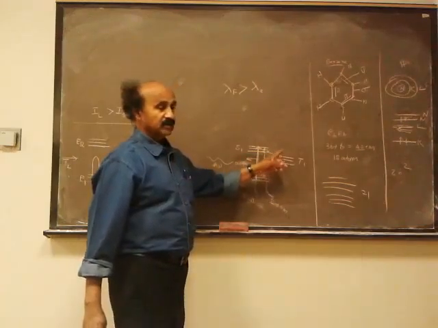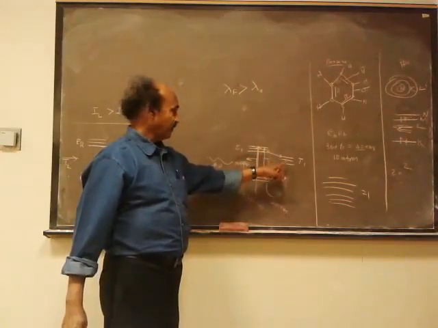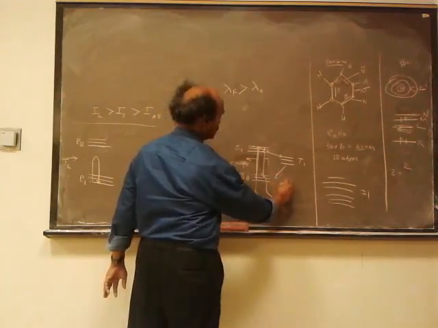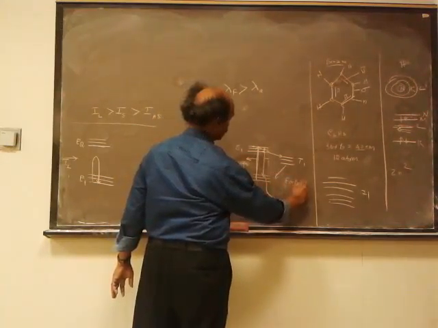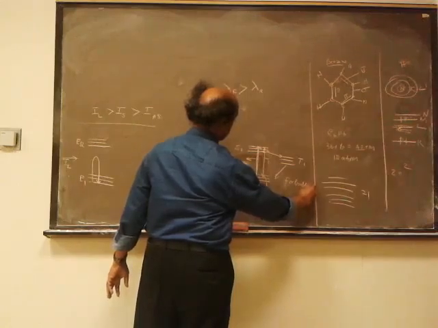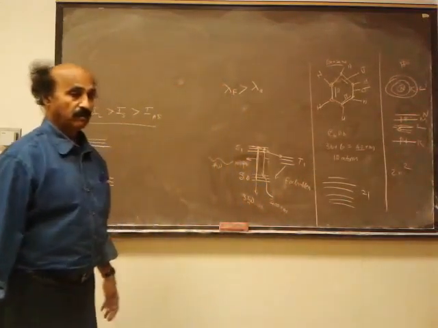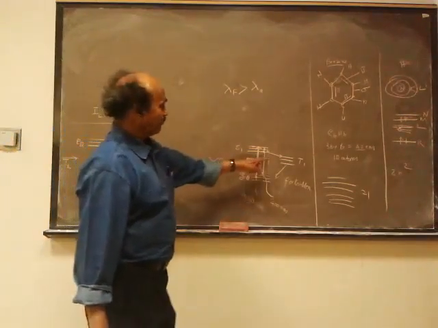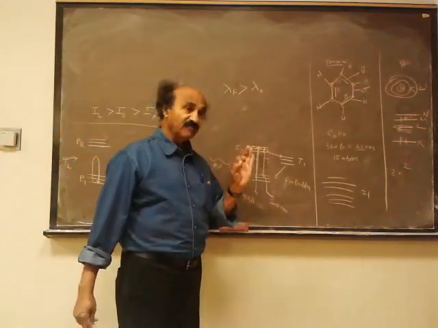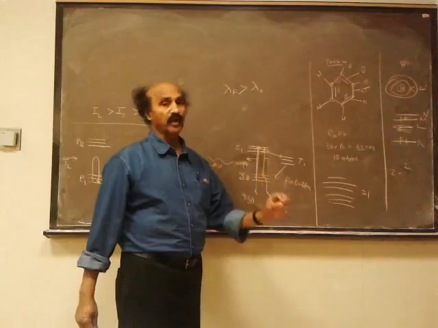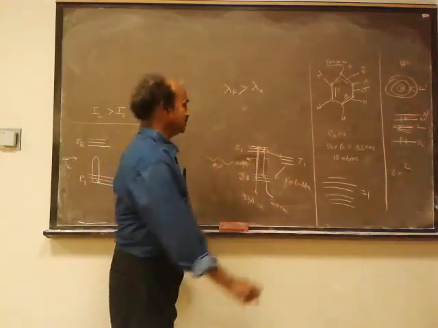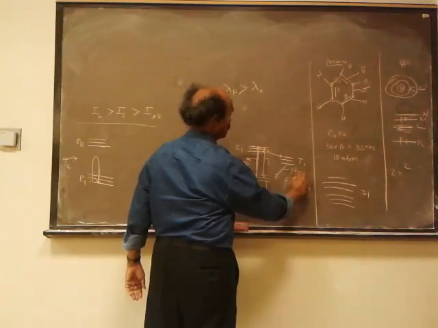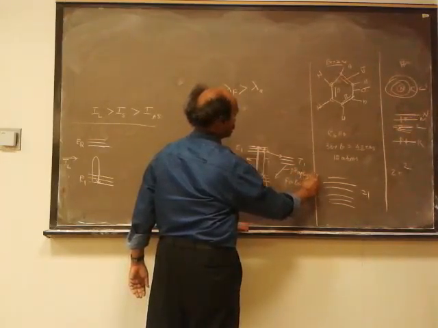If they go on to this state, from here they cannot come down so easily because it is a forbidden transition. Since it is forbidden, from here you will have a very weak light and a very slow light. This is called phosphorescence.